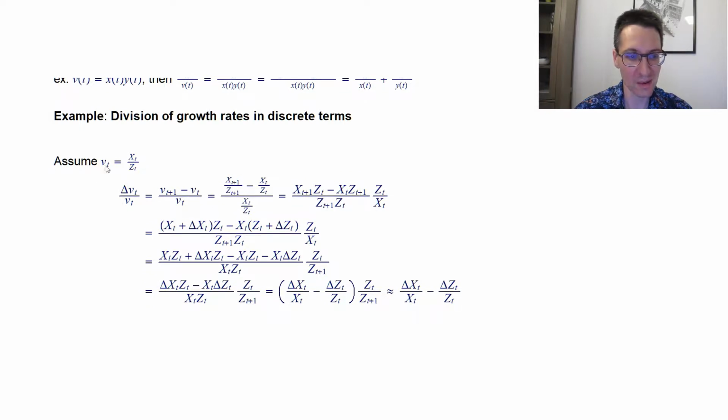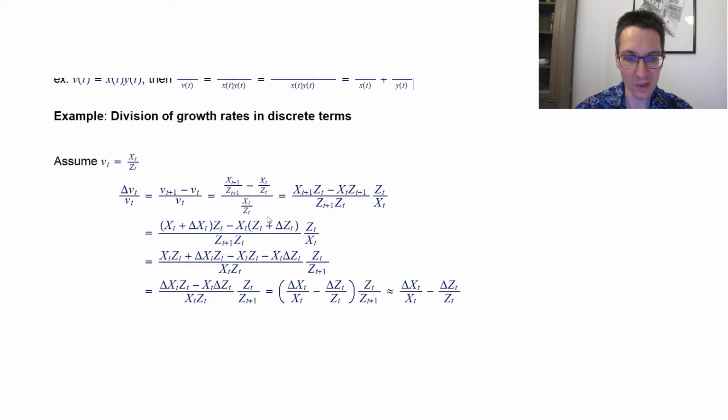So let's do it for a ratio this time, division. So v_t is capital X_t divided by capital Z_t. So what is delta v_t divided by v_t? Well, delta v_t is, as we said, v_{t+1} minus v_t. So I'm just going to replace v_{t+1} by X_{t+1} divided by Z_{t+1}, and v_t by X_t divided by Z_t.